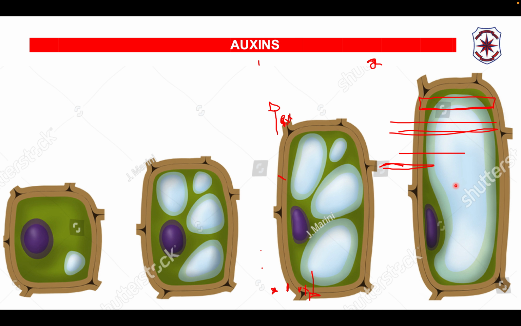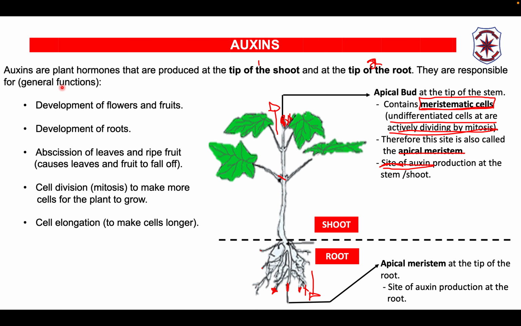And think about it, because plant organs such as the stem are made up of cells. The longer their cells become, the longer that particular organ will become as well.